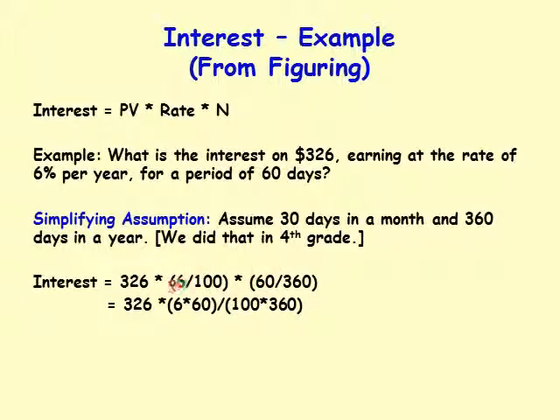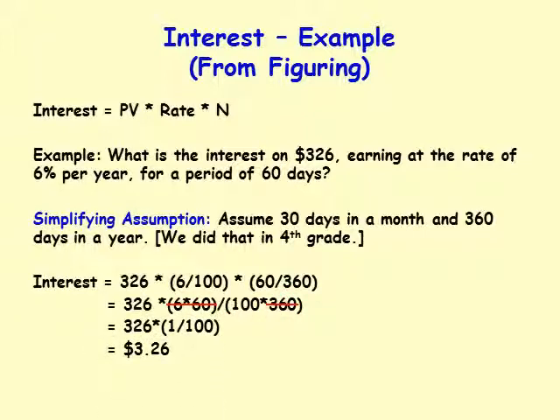I'm multiplying horizontally, first the numerators, then the denominators, 100 times 360. Now there is 360 in the denominator and 6 times 60 in the numerator, so we cancel them out. We divide both the numerator and denominator by 360.